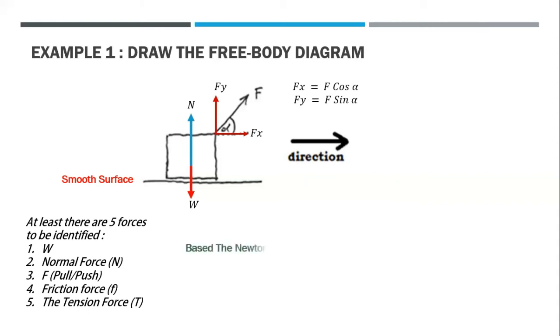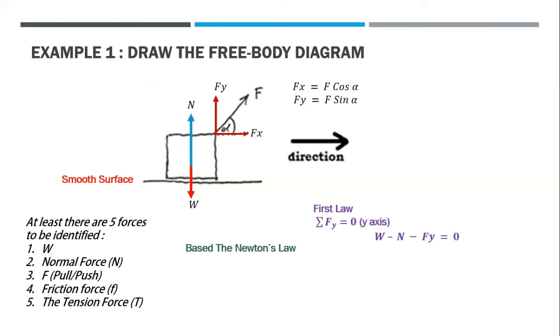Okay, based on Newton's law, the first law is sigma Fy equals 0 based on the y-axis. Why sigma Fy equals 0? Because this object is moving along the x-axis, not the y-axis. So that's why sigma Fy equals 0.